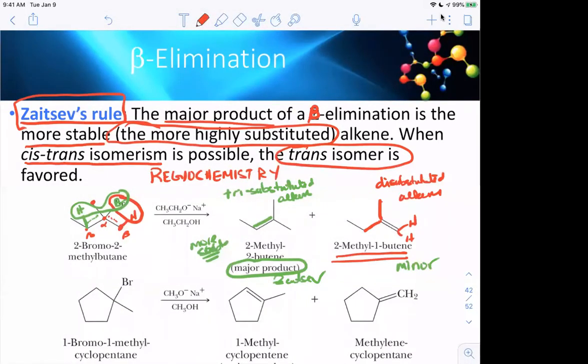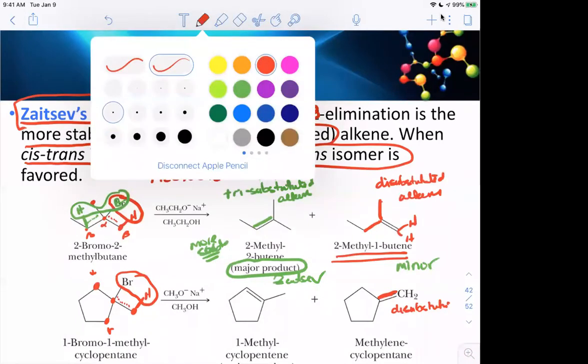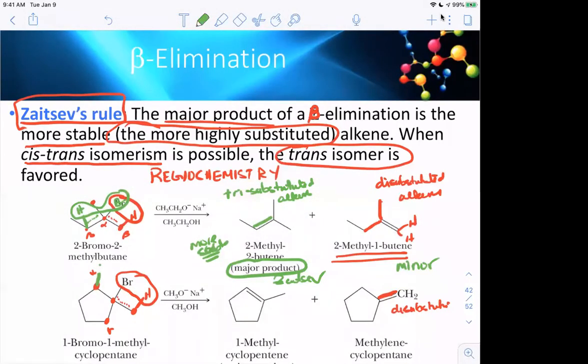Again, I'm going to have this alpha carbon and the beta carbon, which is the same as this. So these two are equivalent. These are equivalent. And then I have this guy. So if I look at the elimination here, I'm forming the double bond there, and I have two hydrogens. This is di-substituted. And then this hydrogen and this hydrogen are equivalent.